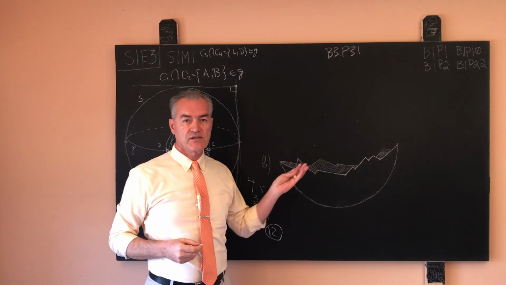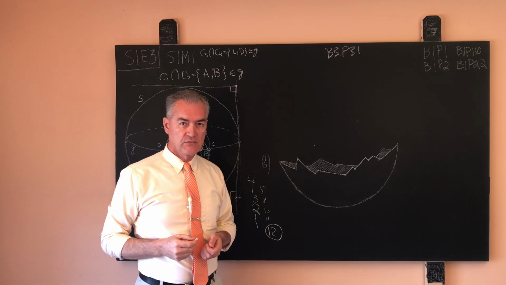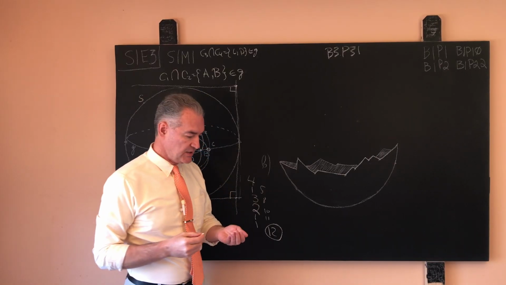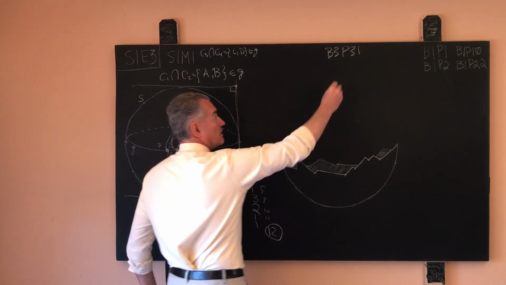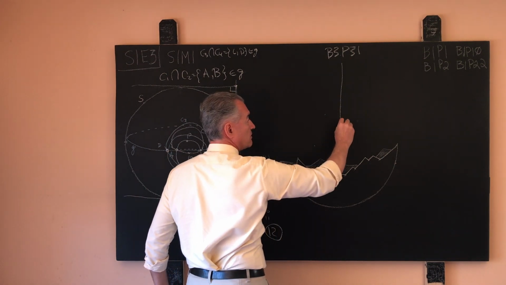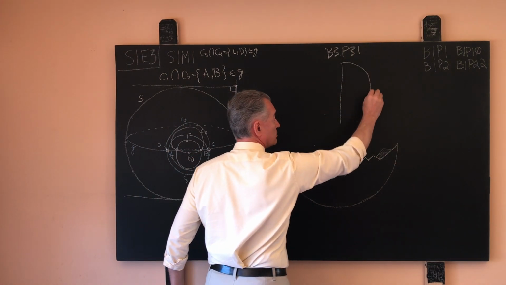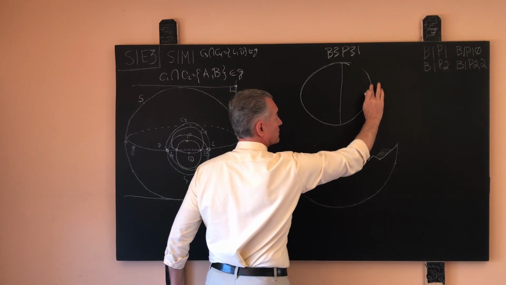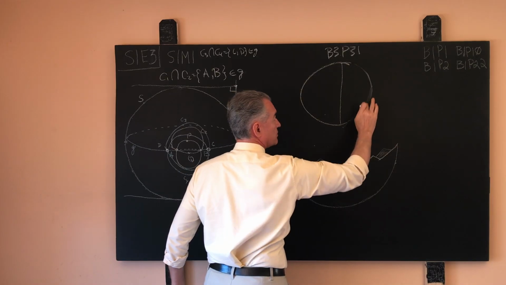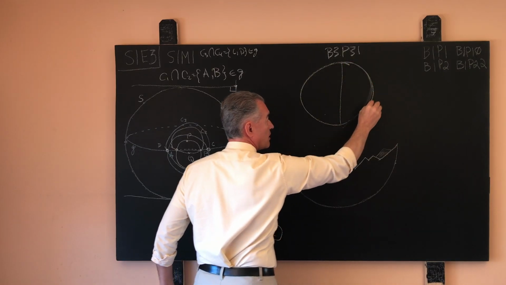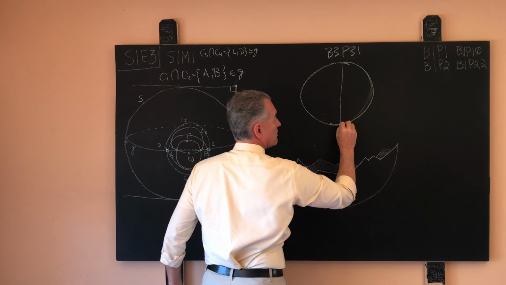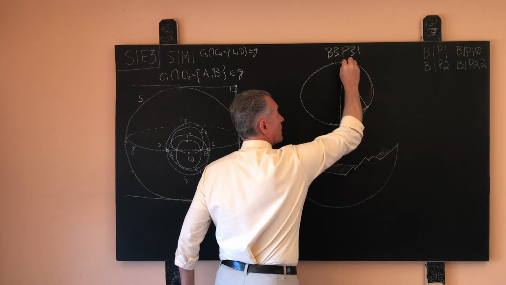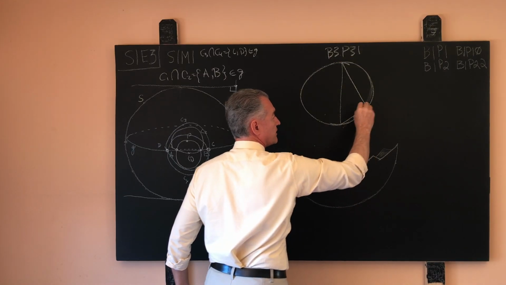the Thales theorem. That theorem states that the angle in a semicircle, if this is a circle, now let me try to do a better circle here, is right.